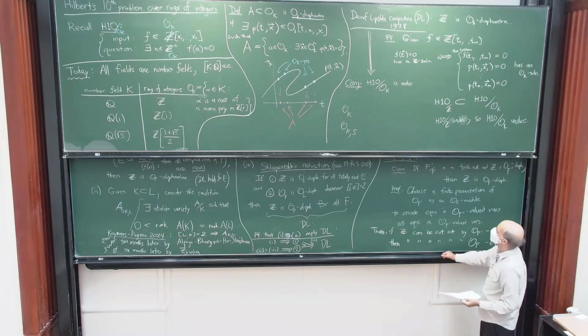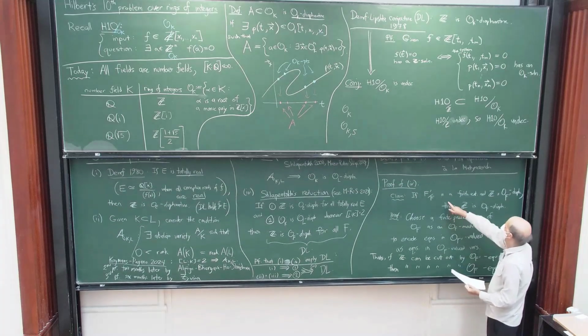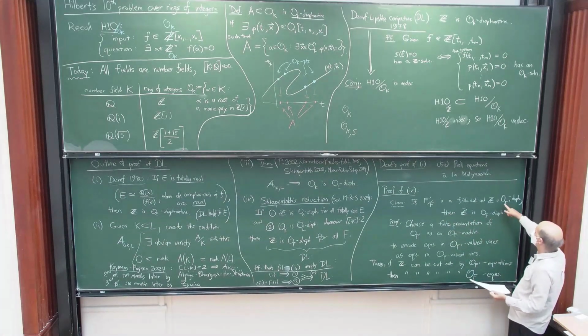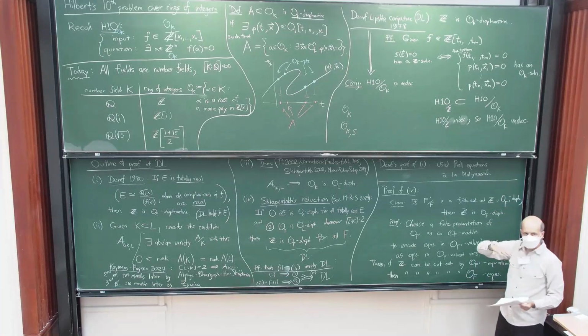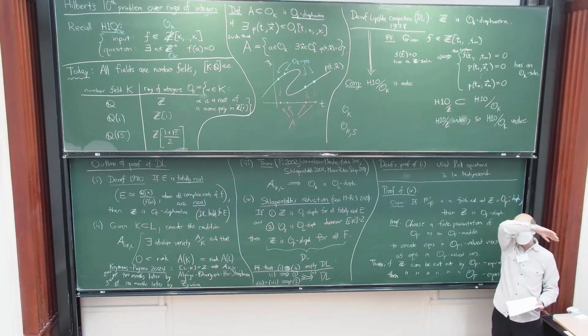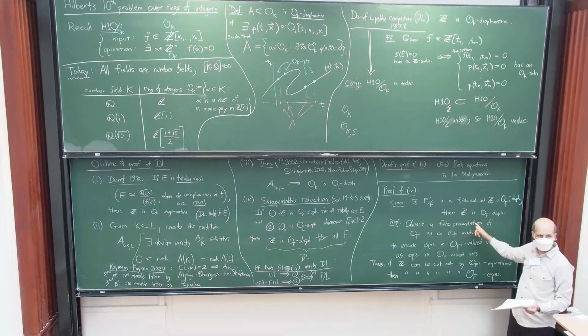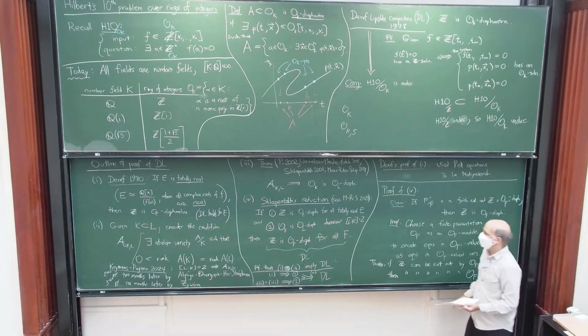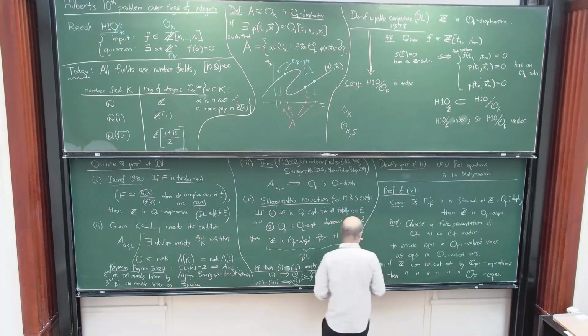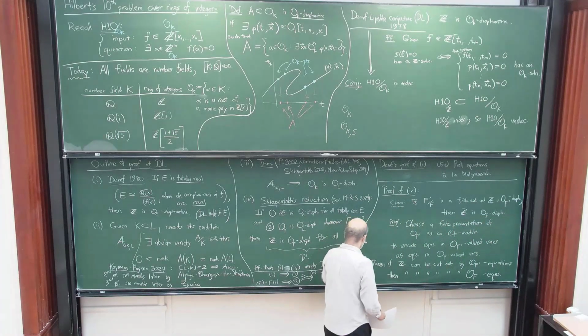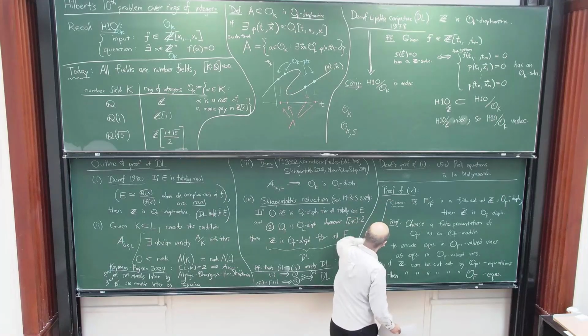And the point of this claim is that it lets you do reduction. It means there's no harm in enlarging F. Because if you can solve the problem for F', then you can solve the problem for F. So this is the end of the proof of the claim.